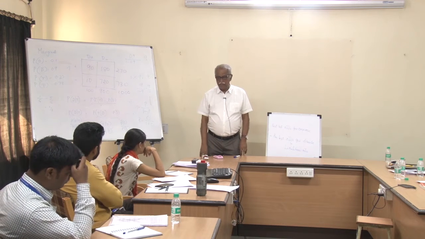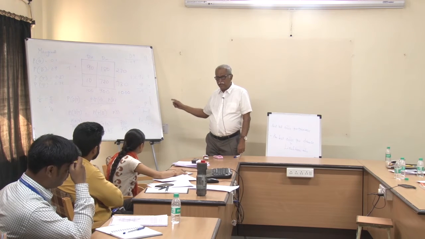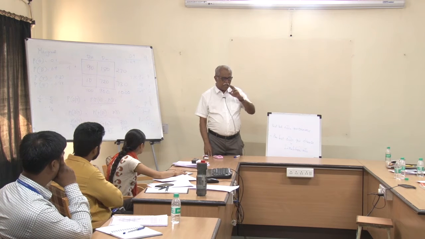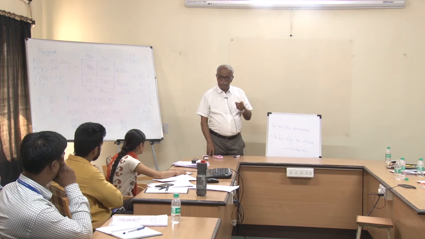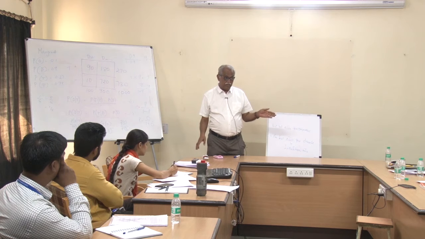Number two, we have to remember that the relationship between pre-test probability and post-test probability is decided by a combination of sensitivity and specificity, both for the positive predictive value and for negative predictive value.